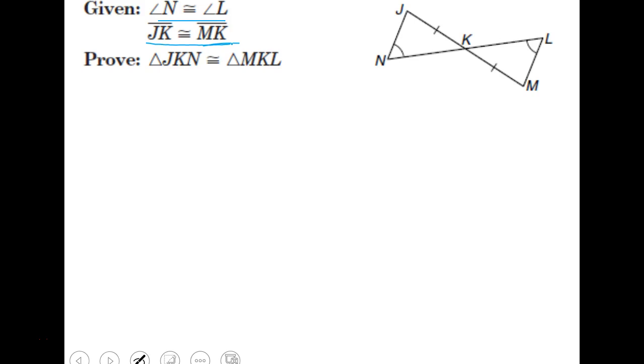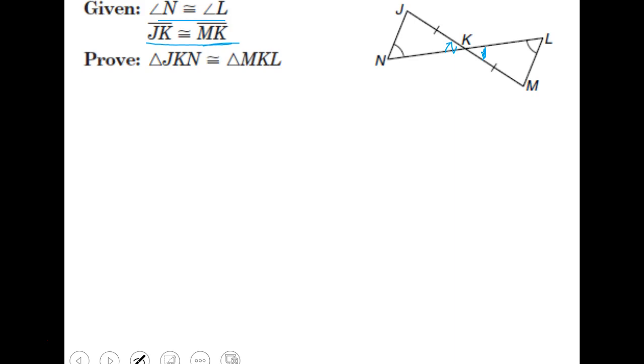We know that these two angles right here are going to be congruent because those are vertical angles. So if we know that, then we have two angles and one side. The side is not between the angles, so that's going to be side angle side. So that's sort of our plan of what we're going to do.